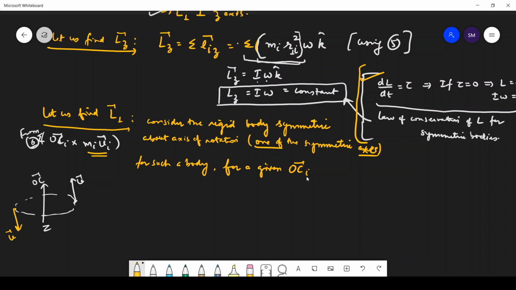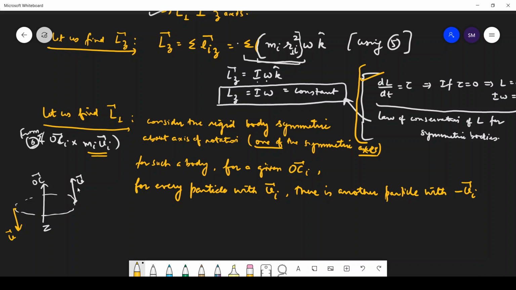So for such a body, for given OCI, for every particle with linear velocity vi, there is another particle with linear velocity minus vi, isn't it? If you are considering this as plus vi, this you can write as minus vi. Agreed? So what will be the result?